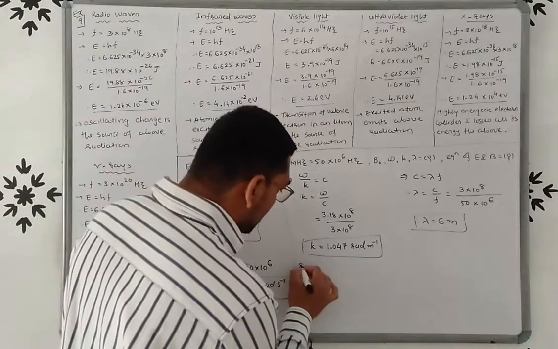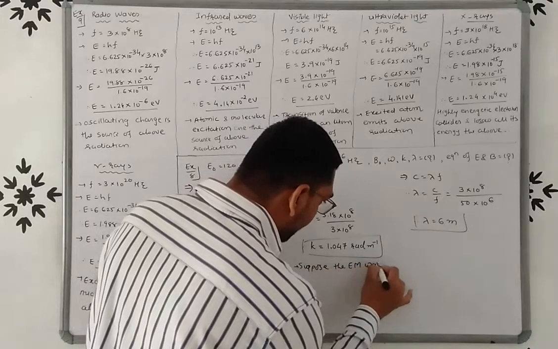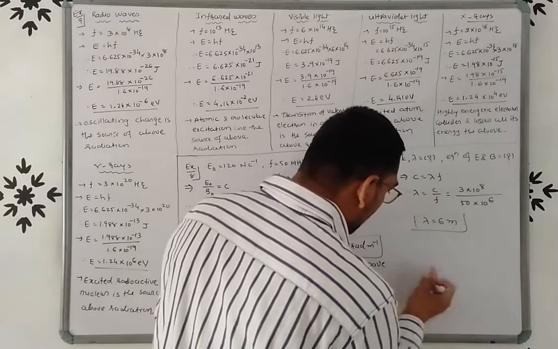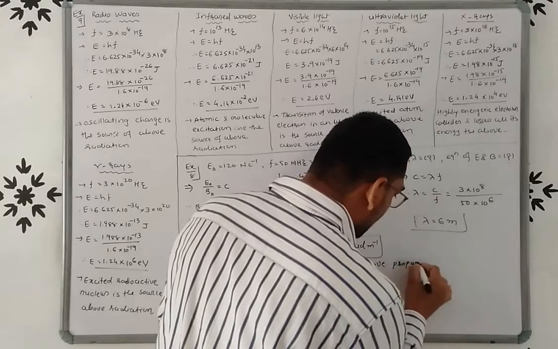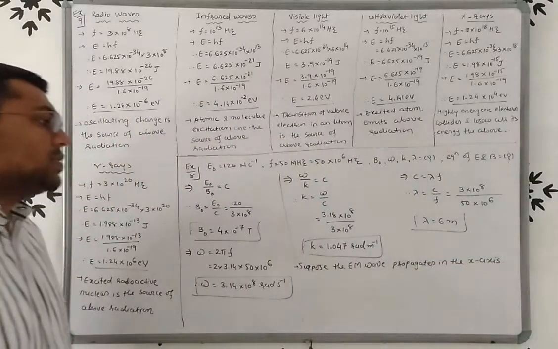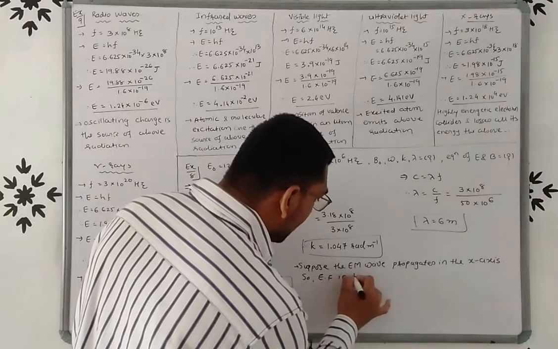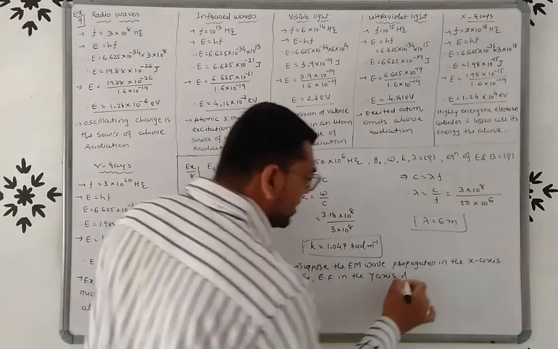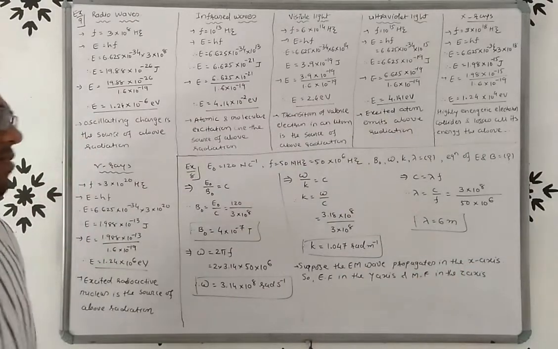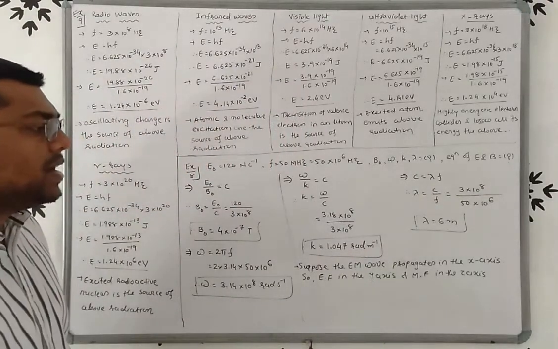So if the EM wave propagates in the x-axis, then the electric field is in the y-axis and the magnetic field is in the z-axis.